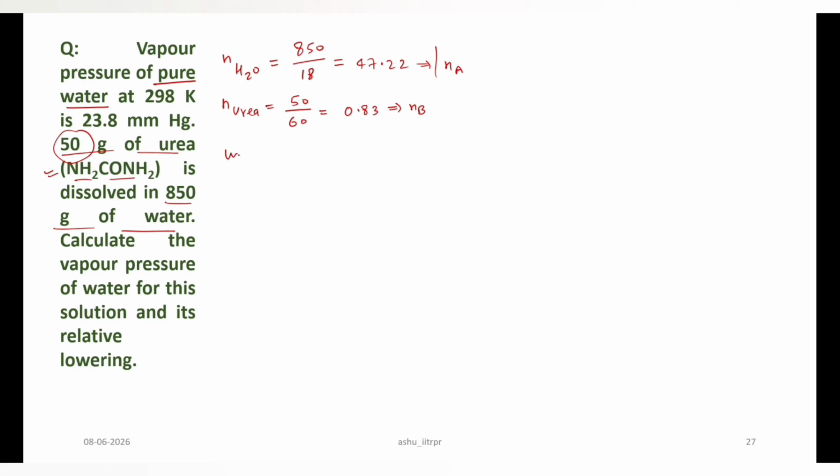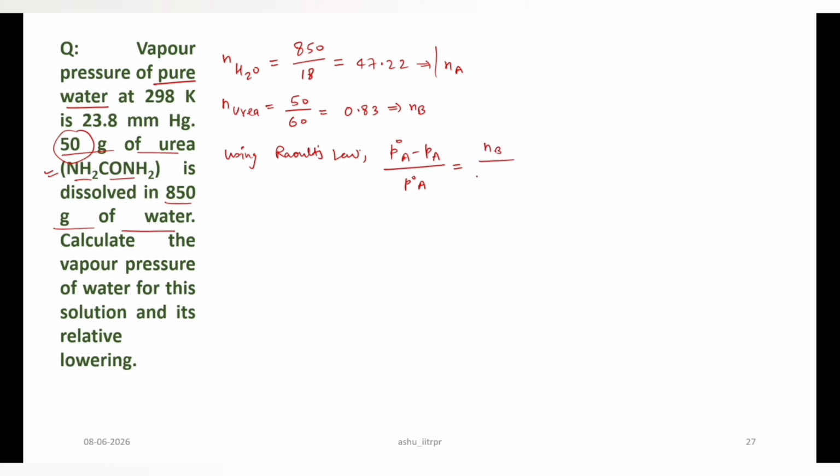Now when we use Raoult's law, we can write (P naught A minus PA) divided by P naught A, which is equal to chi B, meaning XB.